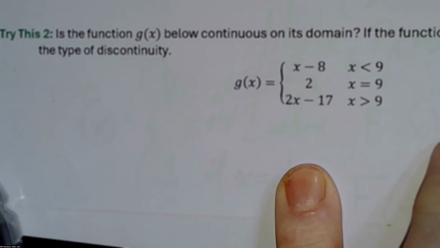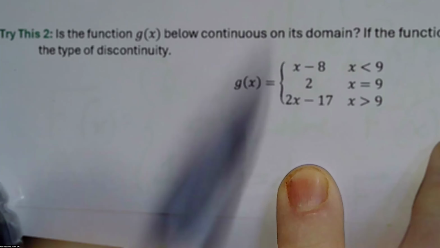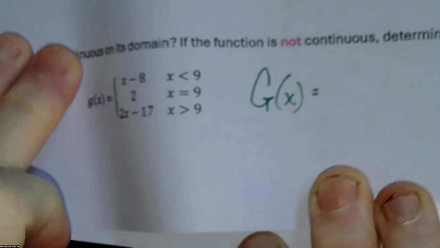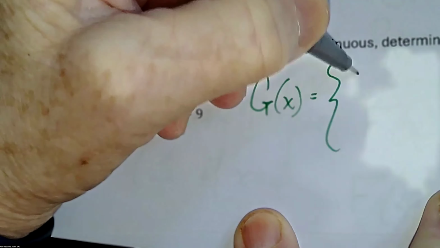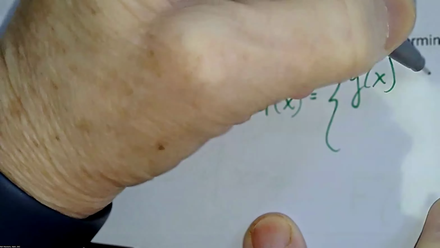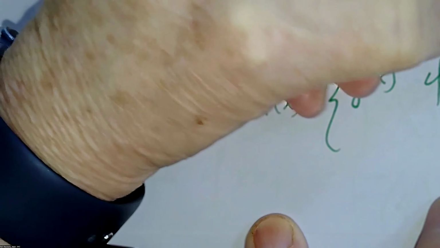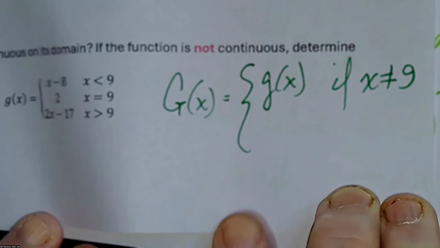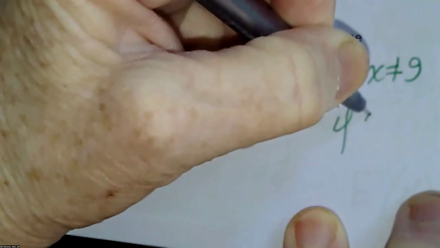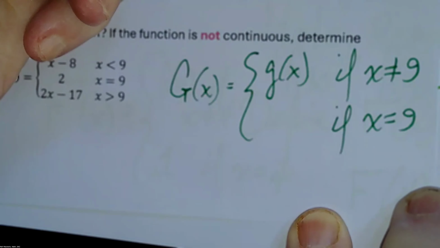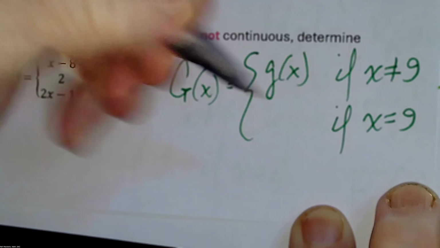Can we create a function capital G that will equal g of x if x isn't 9? What should it equal if x is 9? 1, that's right.